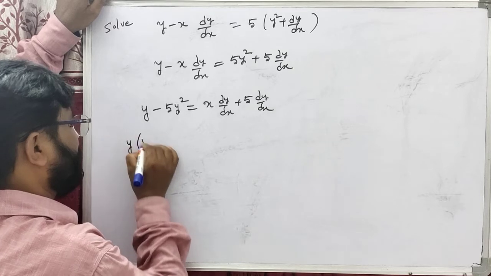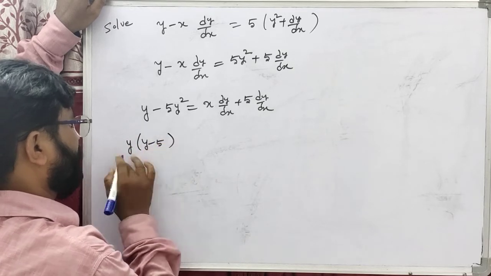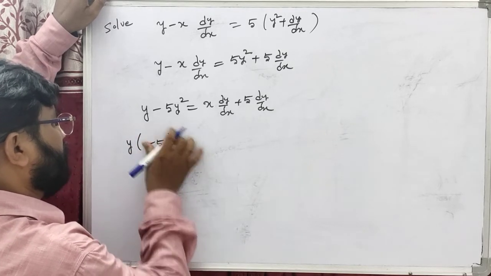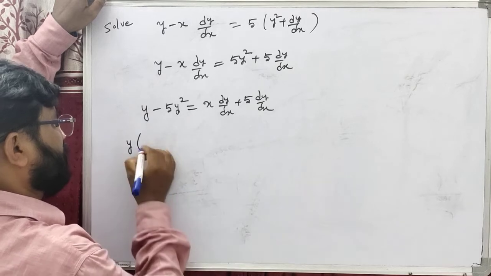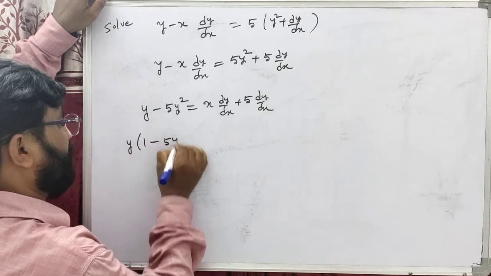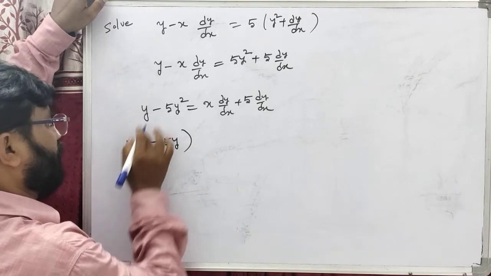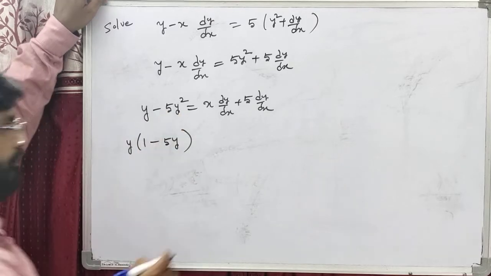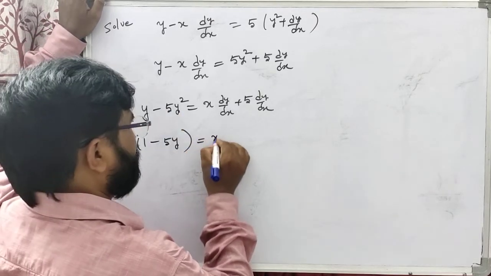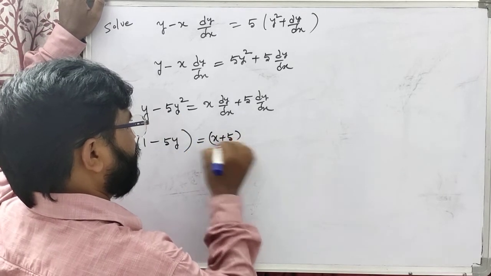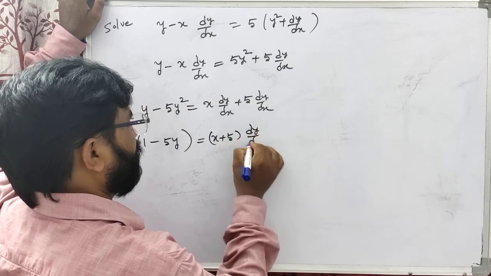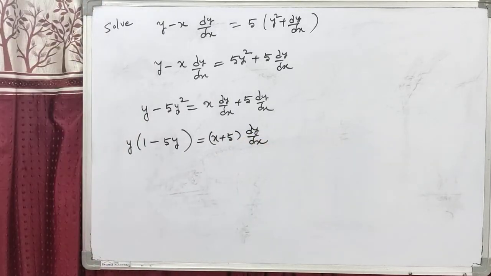Here the common factor is y into 1 minus 5y, that is y minus 5y square. Dear students, this is x plus 5 into dy by dx.